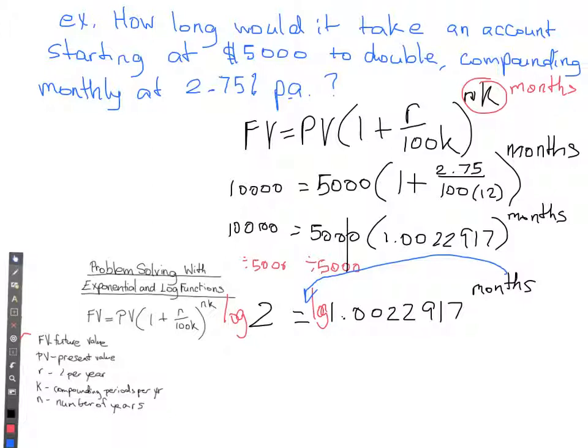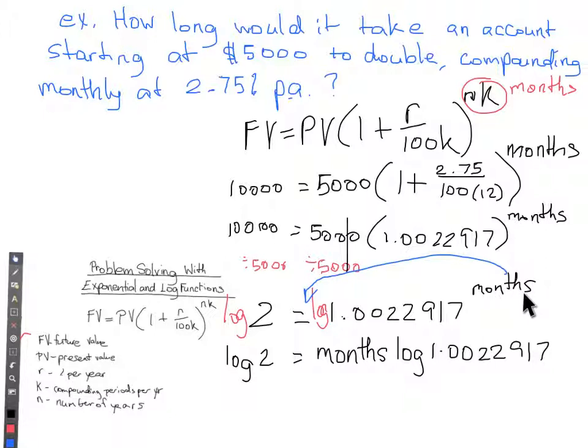So on the left side, we have log 2 is equal to the number of months, which we don't know yet, times log 1.0022917. Before, we had an exponent that was unknown.